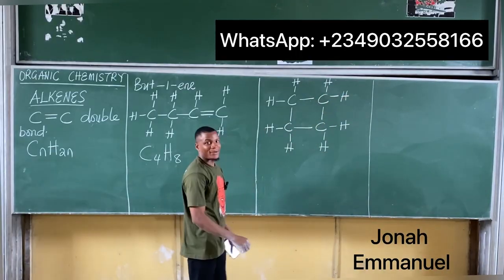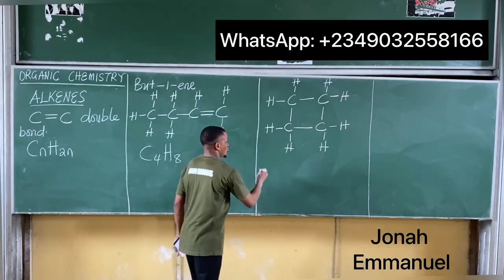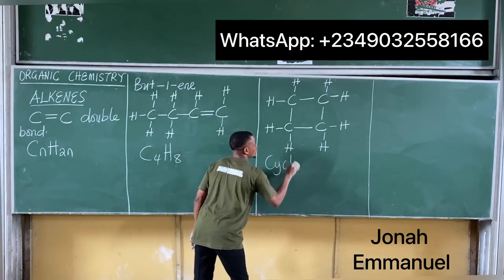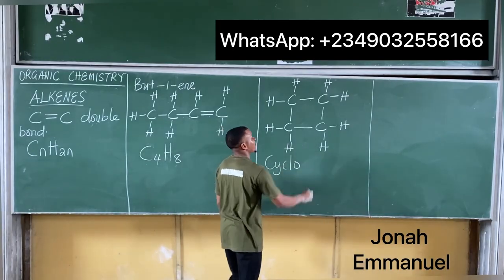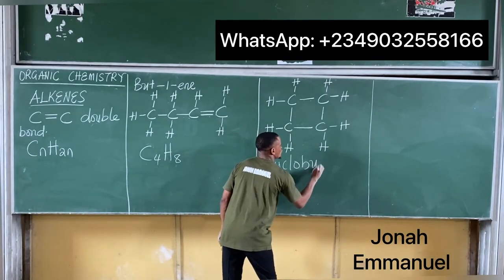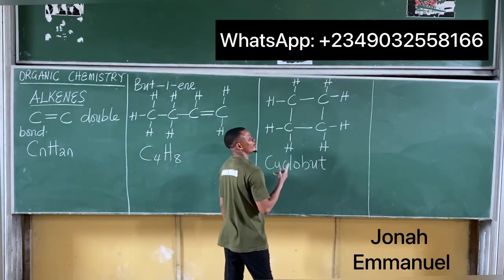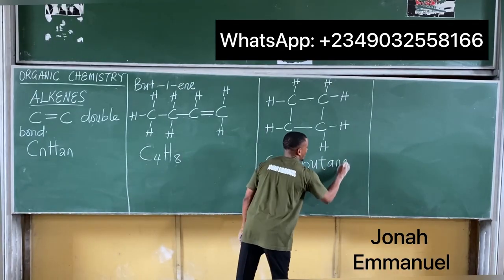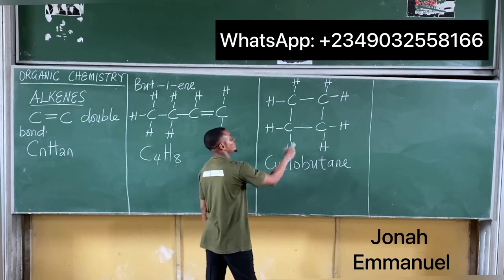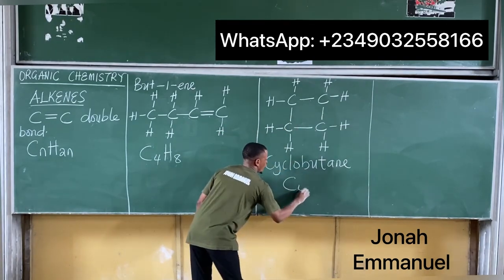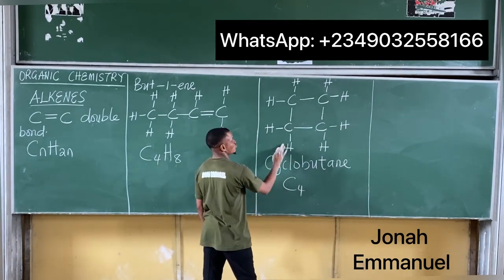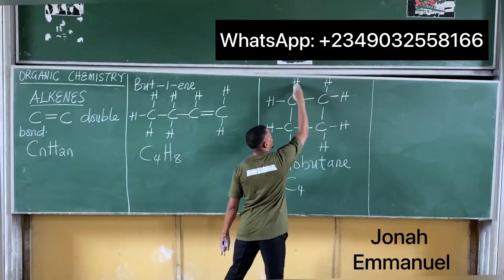It's a cyclo compound. Why? It's in ring form. This becomes cyclo, number 2. I have 4 carbon atoms, so it becomes but, and it is single bonded throughout. That's an alkane, so cyclobutane. I have C4, 4 carbons, and 2, 4, 6, 8 hydrogens.